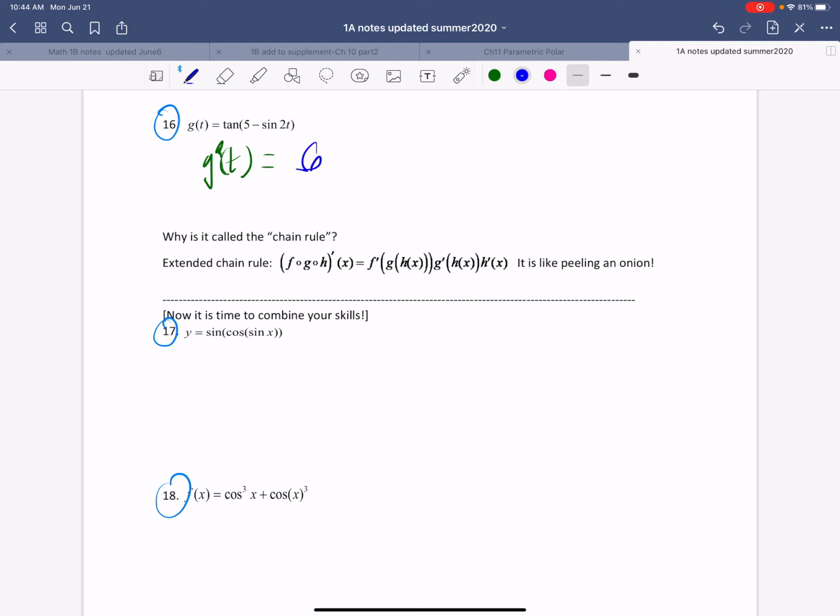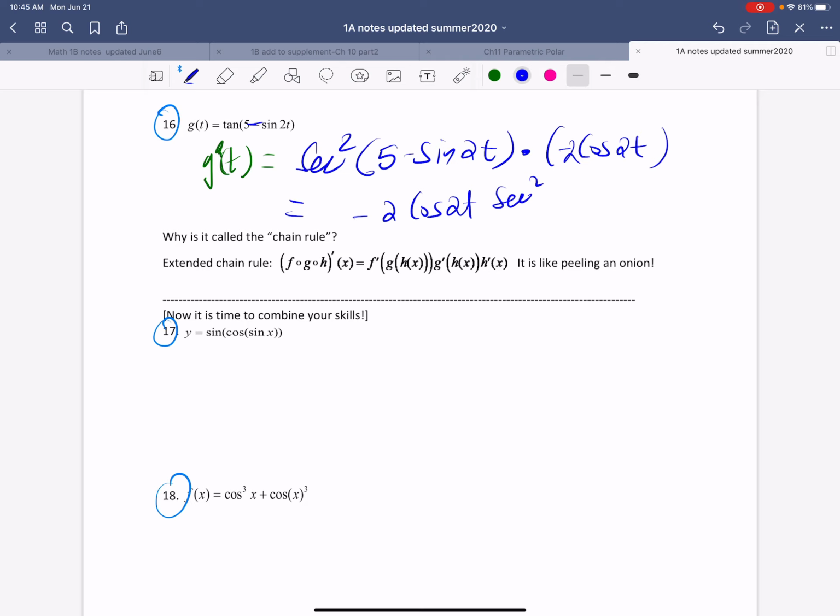So it's going to be secant square of 5 minus sine 2t times derivative of inside function. Derivative of 5 minus sine 2t would be negative cosine, because the negative in the front will stay, negative cosine 2t times 2. So this turns out to be negative 2 cosine 2t secant square 5 minus sine 2t.